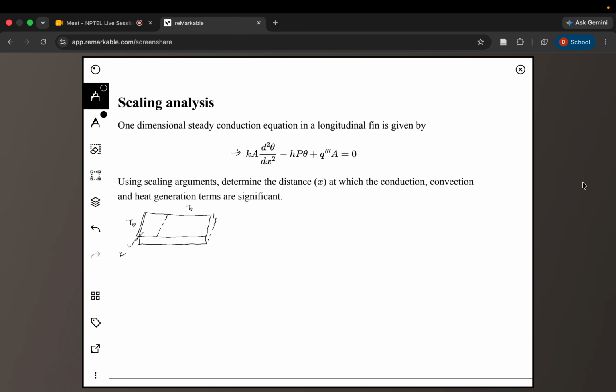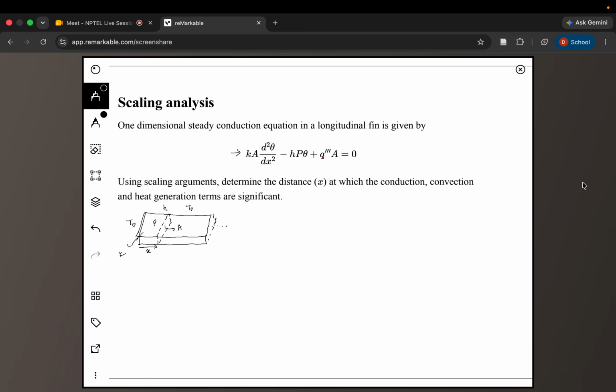If I cut it at any particular point at a distance x, the area of cross section is A, and the perimeter, which is basically the total length of all these sides, is P. This surface is getting cooled by ambient air, and the heat transfer coefficient is given by h. The ambient is also at the same temperature as the wall temperature T naught. Now let's say this is extending like this.